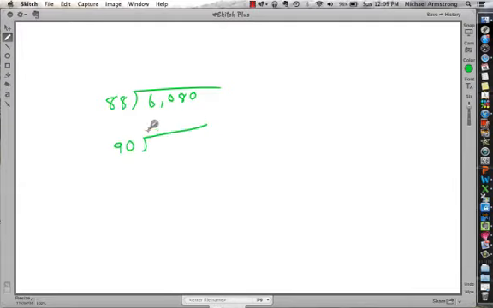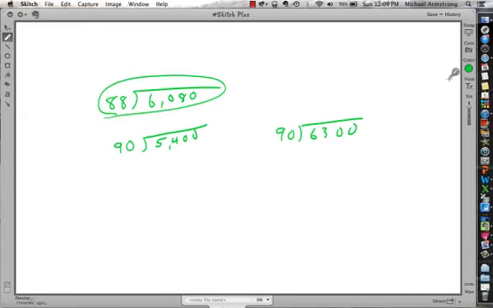And what does 90 go into? 90 doesn't go into 60. It goes into, 9 goes into 63 or 54. So your low estimate would be 54. And your high estimate would be 90 into 63. Now neither of these look exactly like this, but they're close.